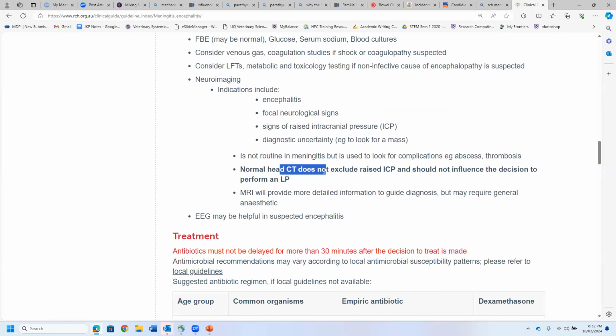We don't need to do a CT scan because most of the time meningitis is diagnosed with blood cultures. And if we want to do a lumbar puncture, a normal head CT does not exclude raised ICP and should not influence the decision to perform an LP. So blood cultures is the first, LP is the second. It's a must-do test.